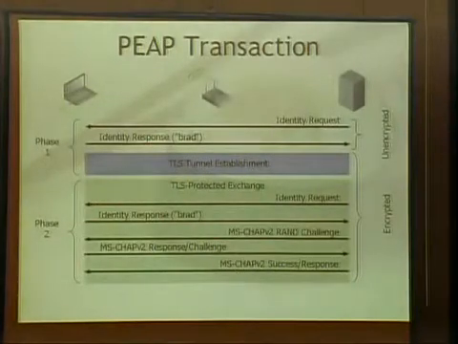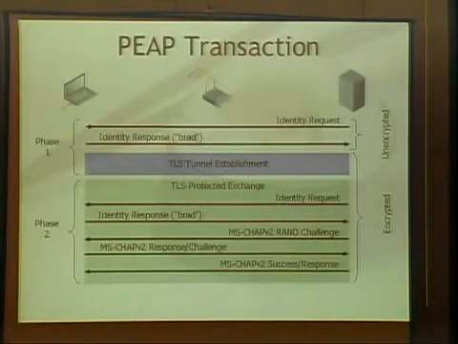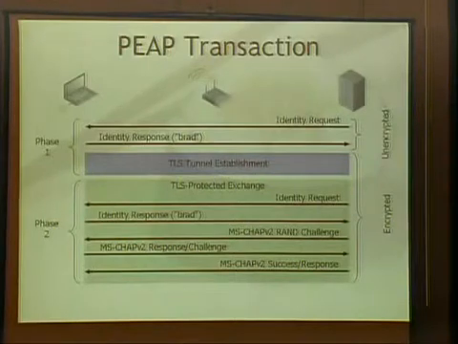To look more specifically at it, before any of this happens, we have our standard 802.11 authentication and association request and response. Then the RADIUS server sends an EAP identity request. The client then sends an EAP identity response. Now, the EAP identity response is sent in clear text, so depending on the supplicant and the RADIUS server, you may or may not see this in a packet capture.